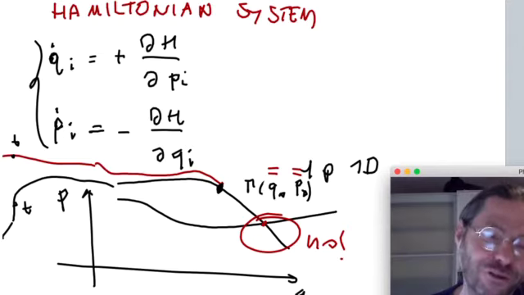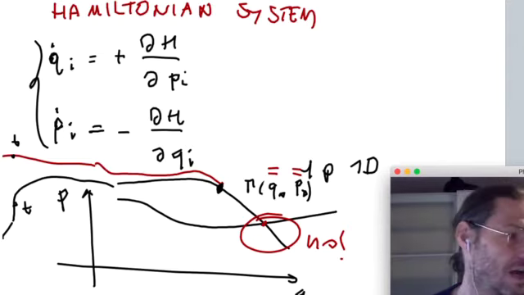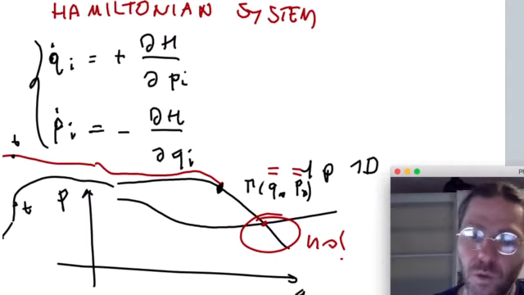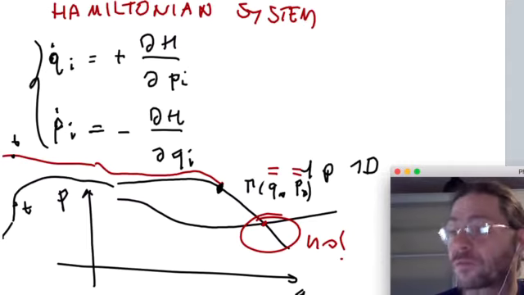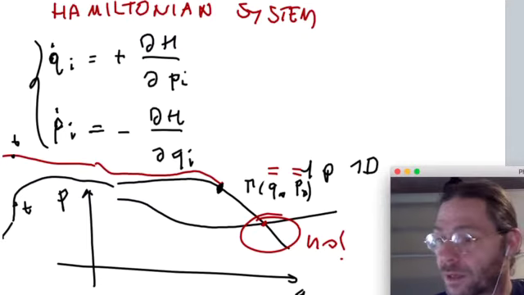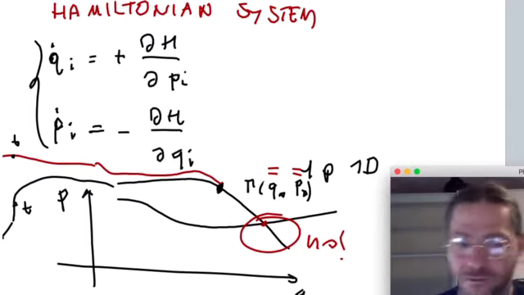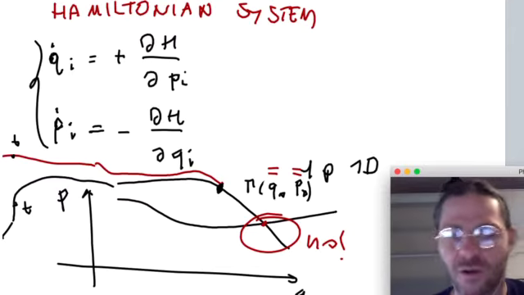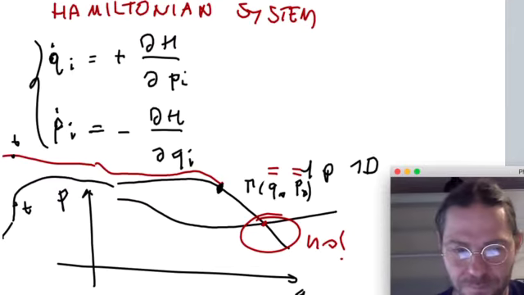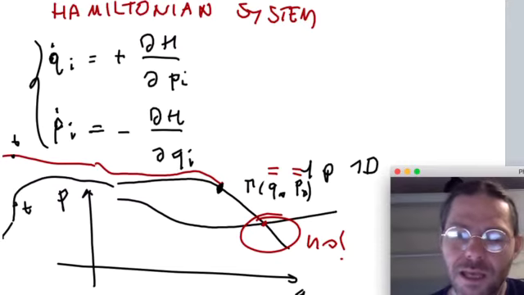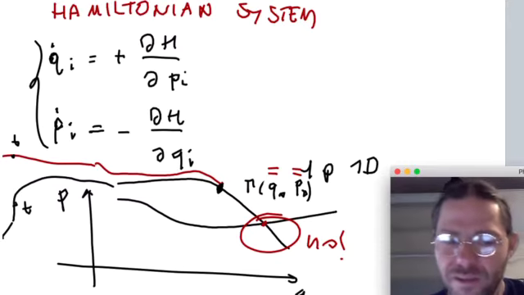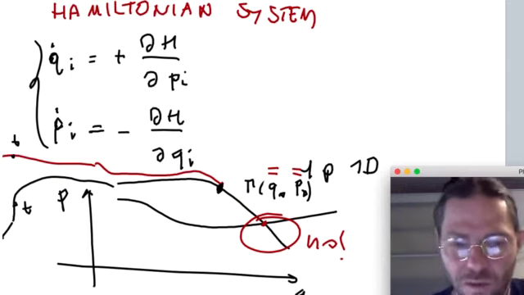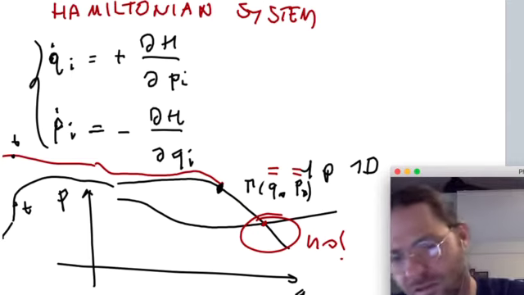But even if we did not mind about this, we would have the problem that the system is often full of uncontrollable variables. Think about a protein in an environment. There's no way you can fix all the positions and velocities of all the water molecules in your box. So even notwithstanding these arguments about resolution, there is basically no way you can control all the variables in the system.